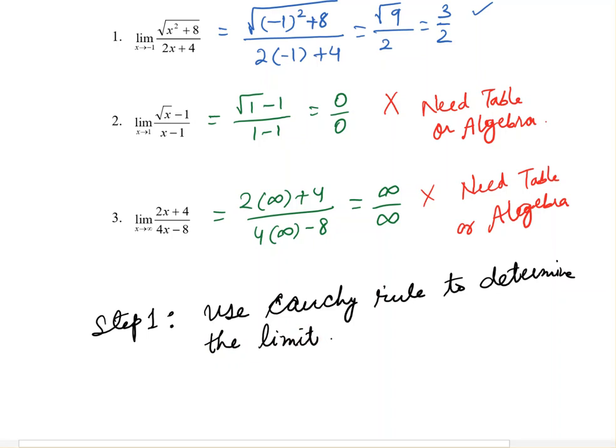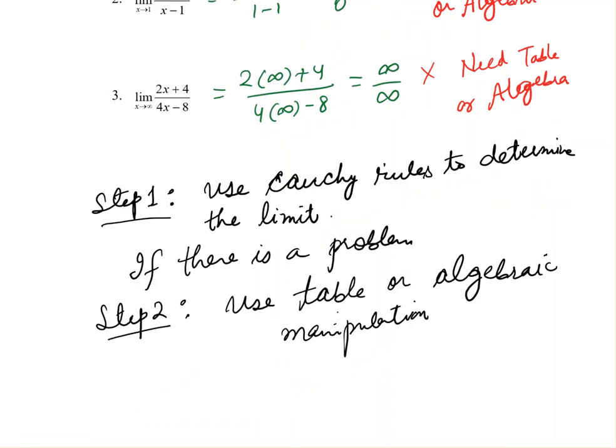But if there is a problem, then we need to use the table method or algebraic manipulation. Then we can plug in the values again by using Cauchy's rule in the end. In the next video, I will explain the algebraic method in detail.